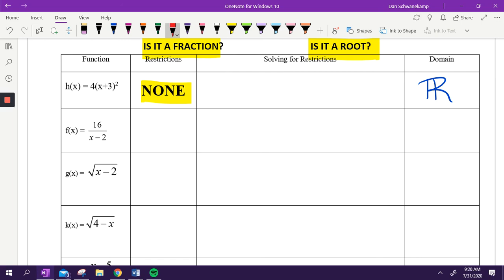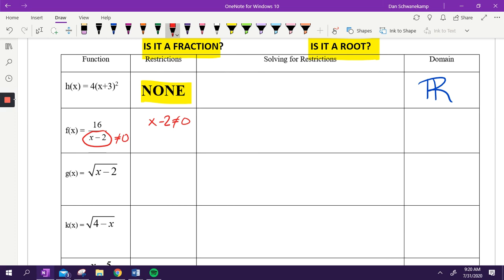Okay, so if we see a fraction, we're saying whatever is in the denominator is not allowed to be 0. Okay, that's my restriction. X minus 2 cannot be 0, because if it is 0, then I'm dividing by 0. If I divide by 0, then I get undefined. Undefined is not a number. Okay, so it's not part of my domain.